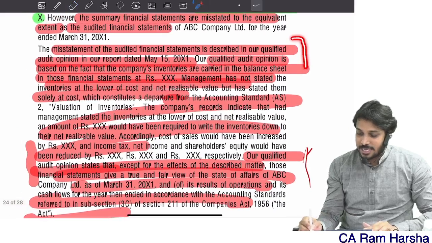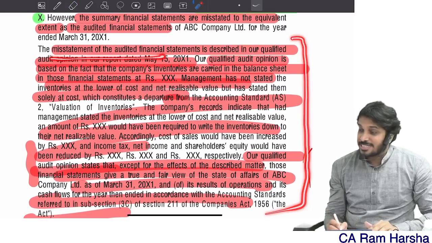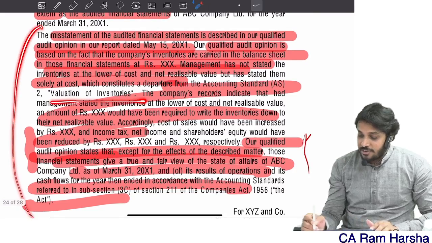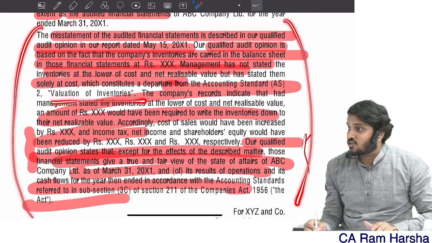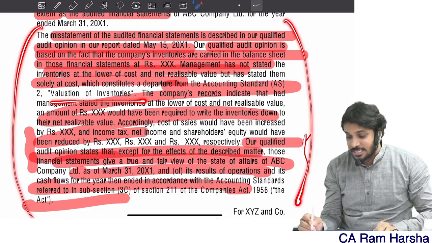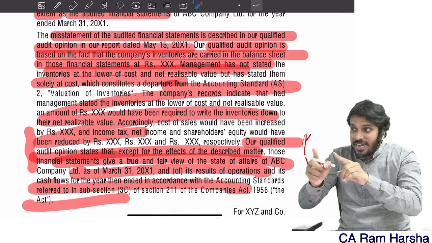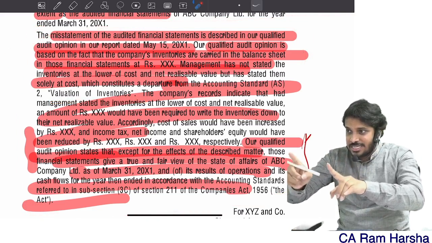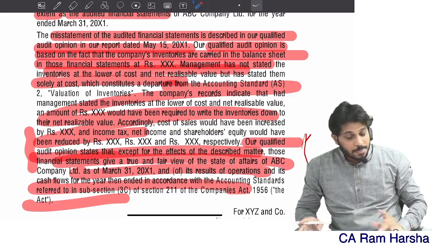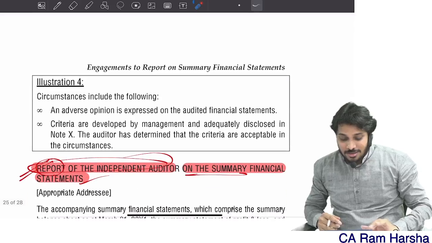However, below we say what misstatements were identified, like this qualification, as they exist in the audited financials. For comparison purposes, we give those qualifications in the opinion section in the summary financial statements. Clear?